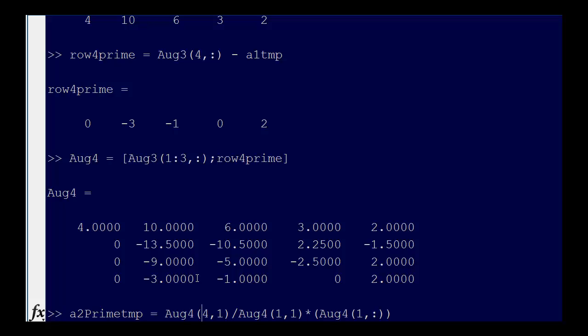So we want to take the third entry because we're going to divide this one by this one. So that will be the third entry divided by the second entry, and then we'll multiply that by the entire second row.